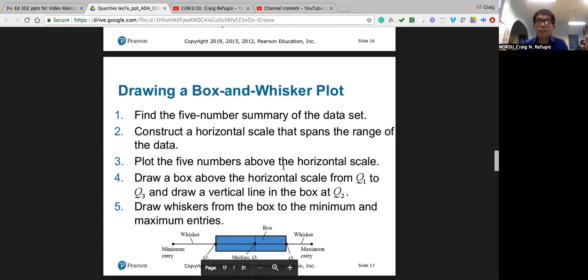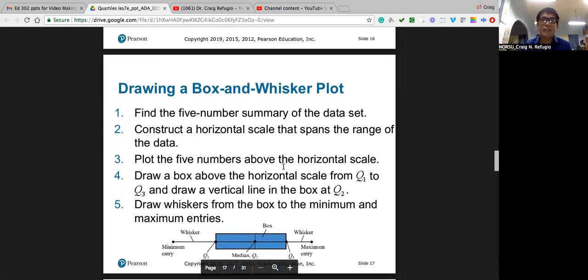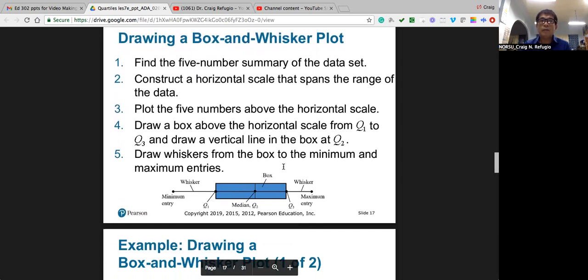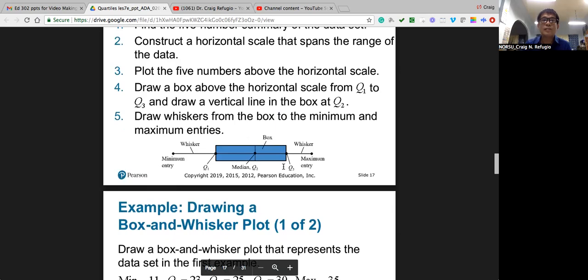Construct a horizontal scale that spans the range of the data. Plot the five numbers above the horizontal scale. Draw a box above the horizontal scale from Q1 to Q3 and draw a vertical line in the box at Q2. Draw whiskers from the box to the minimum and maximum entries.